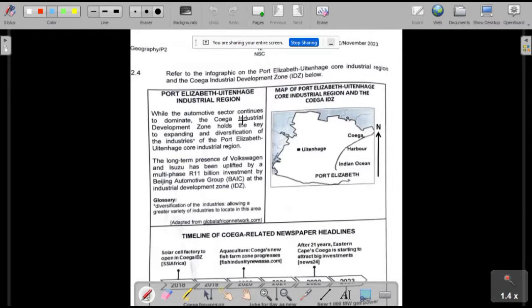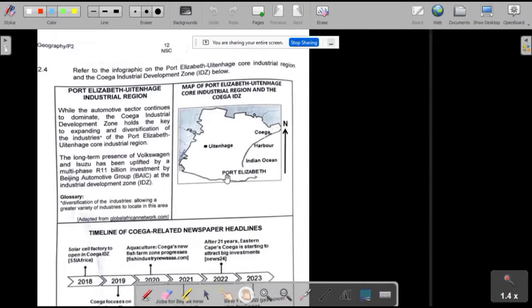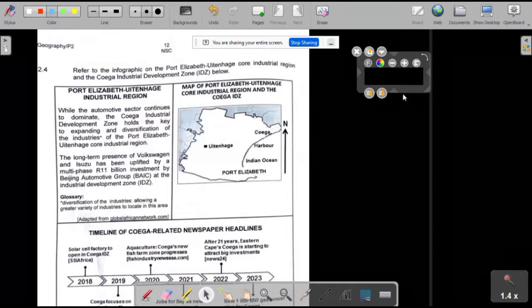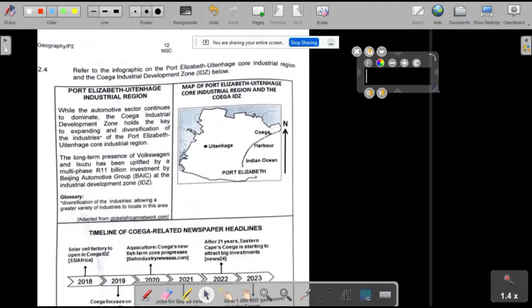So let's say, refer to the infographic on the Port Elizabeth Uitenhage core industrial region and the Coega Industrial Development Zone. Okay.